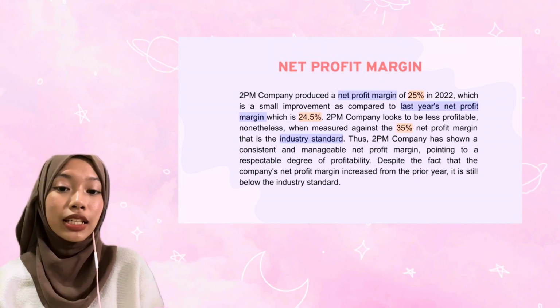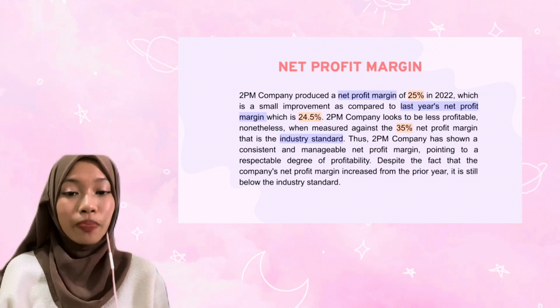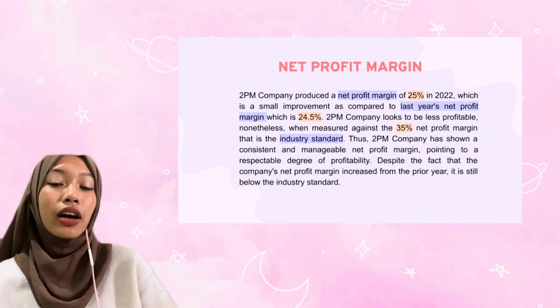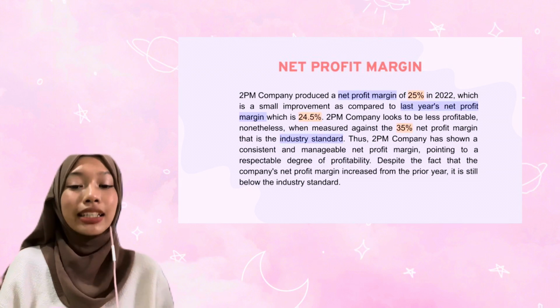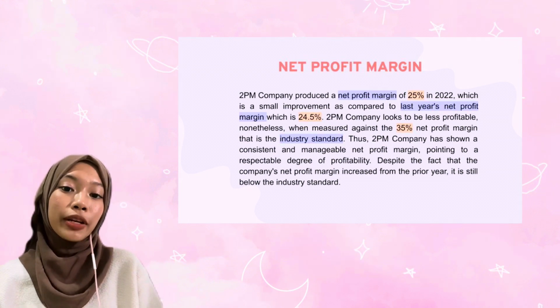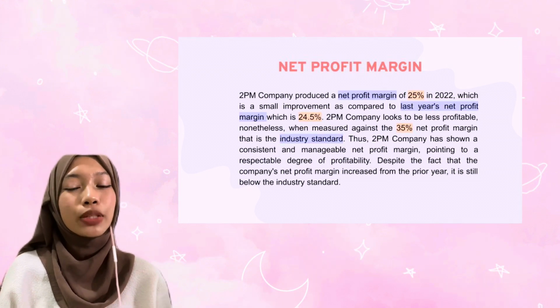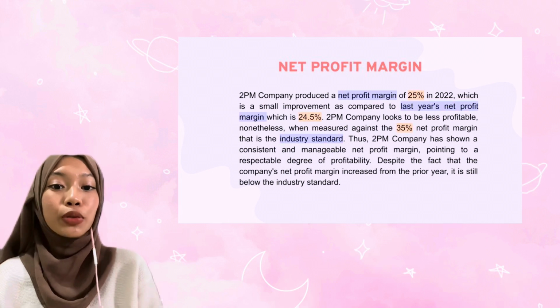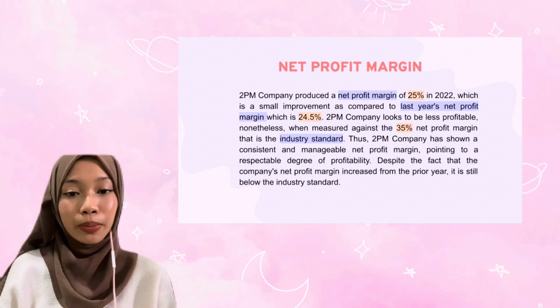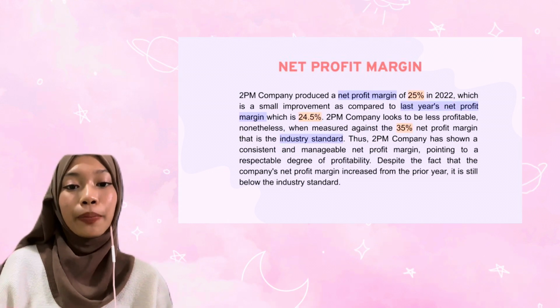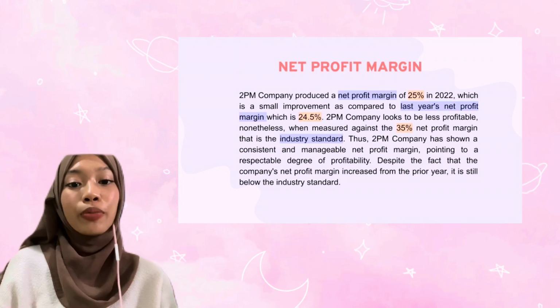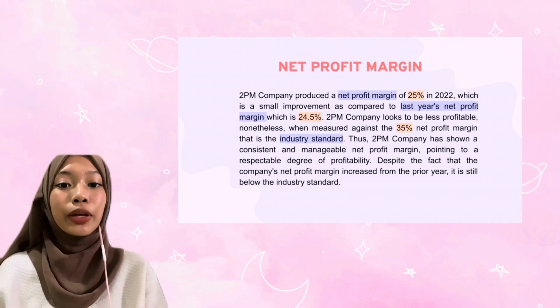The net profit margin is an important indicator since a higher net profit margin is often seen as a sign of superior profitability. This 2PM company has shown a consistent and manageable net profit margin, pointing to a respectable degree of profitability. Despite the fact that the company's net profit margin increased from the prior year, it is still below the industry standard.